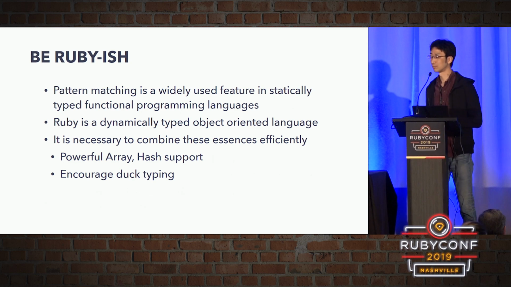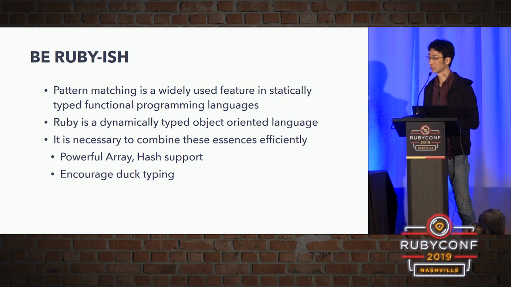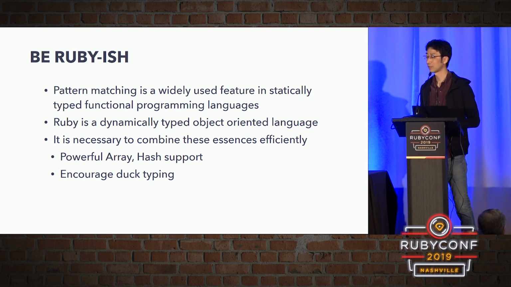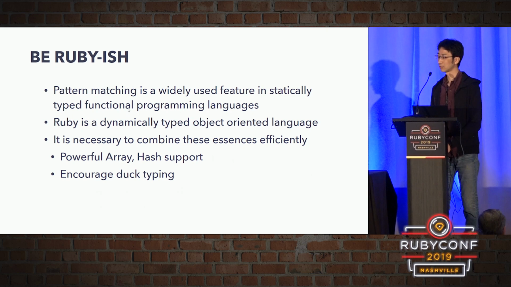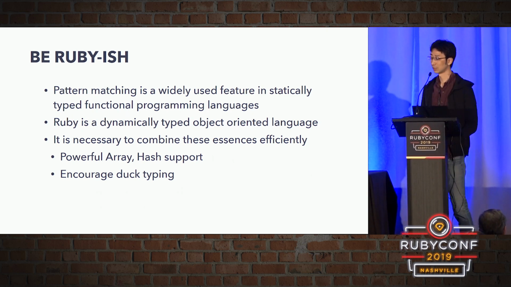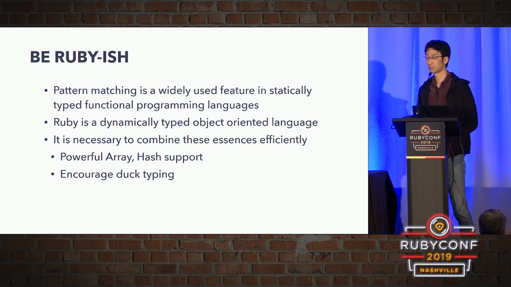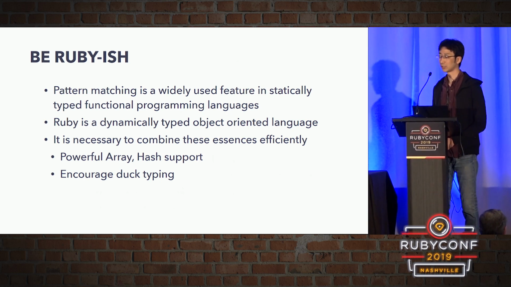And the next policy is to be Ruby-ish. Pattern matching is a widely used function in statically typed functional programming languages. But as you know, Ruby is a dynamically typed object-oriented language. So it is necessary to combine these essences efficiently. I think there are two perspectives for that. The first is that we provide powerful array and hash support, and another is that we provide a way to encourage duck typing.